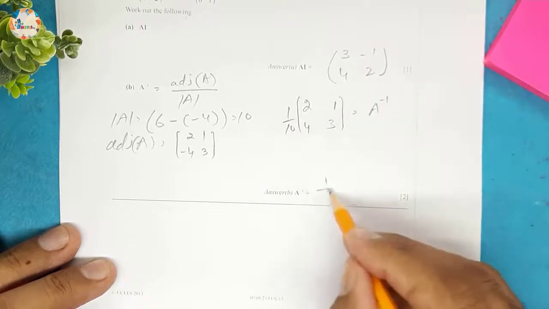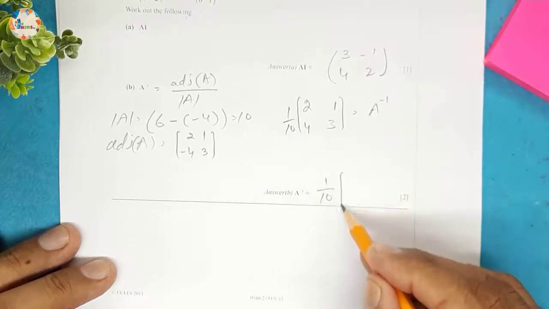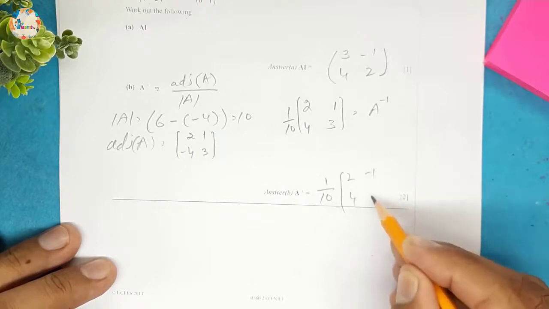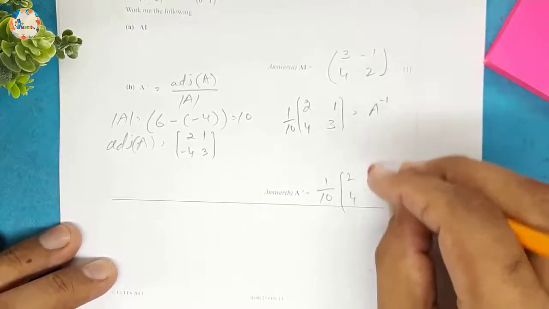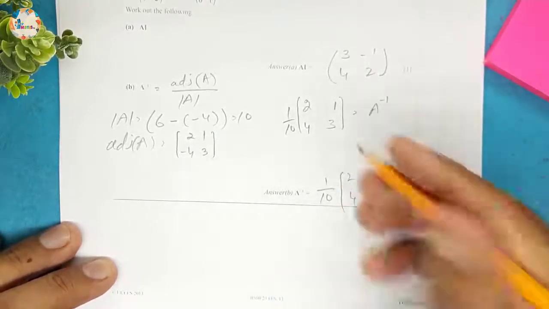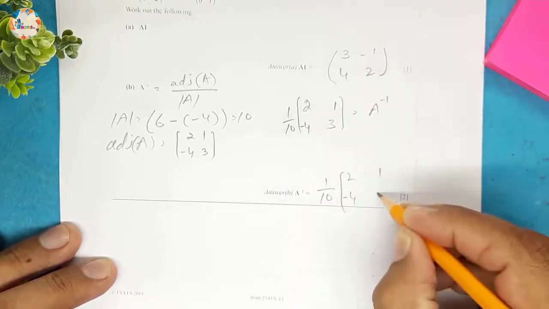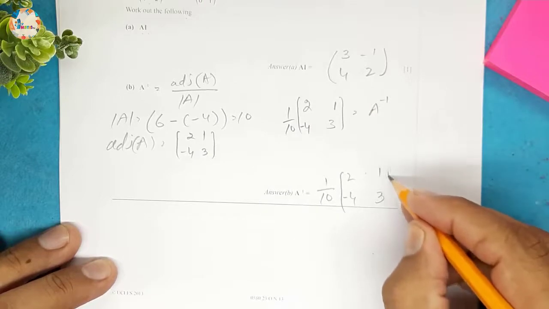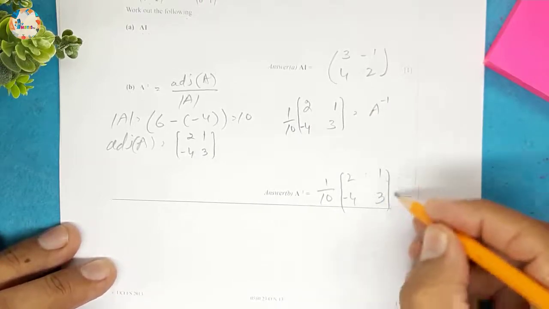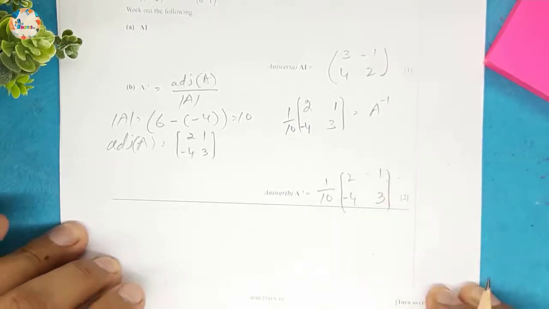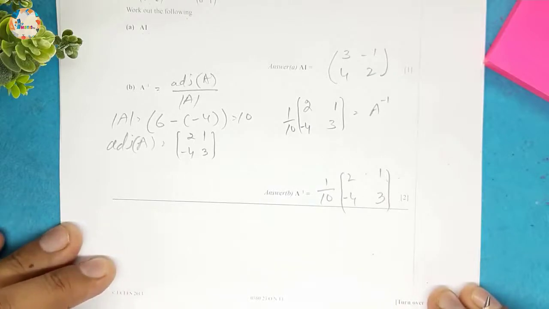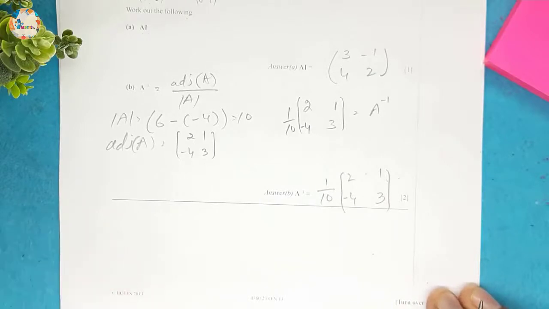So we can write here 1 over 10 into 2, 4, minus 1, not minus 1, it's 1 basically. This is basically minus 4. So 1 and 3. This will be the answer. In the marking scheme they are mentioning a 2 here, which is a mistake. I don't think so. This will be the answer for this.